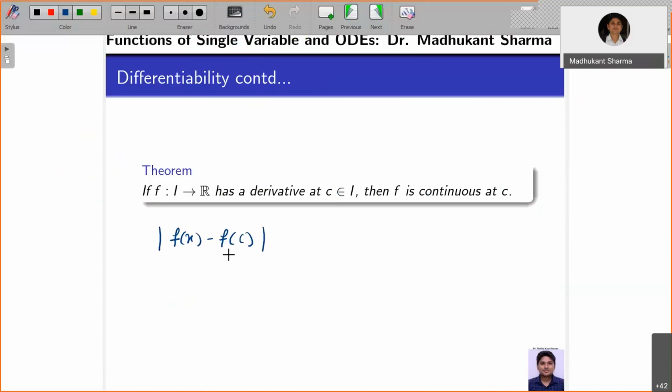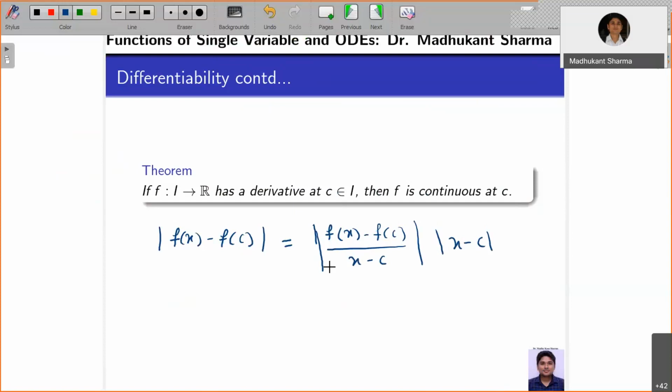Then you can show that f is continuous at c. It's very simple. The mod of f of x minus f of c is equal to the mod of f of x minus f of c by x minus c times mod x minus c.